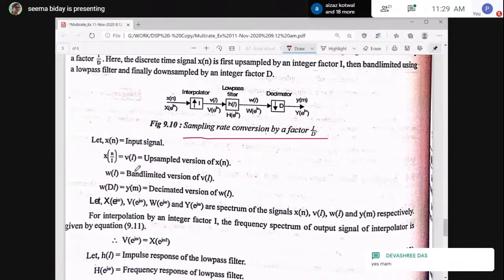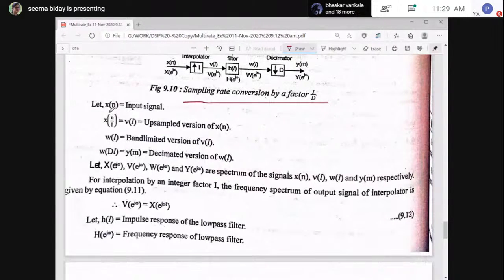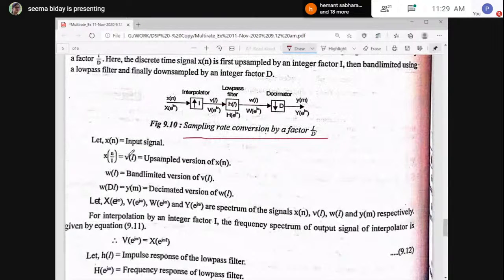Now, in the frequency domain, you take the Fourier transform. Let us see in the time domain, if the input is x of n, how to get this output V? It is x of n by I, right? Then you have WL, the band limited version of V, because we have to pass this through a low pass filter to preserve the spectral characteristic of x of n.